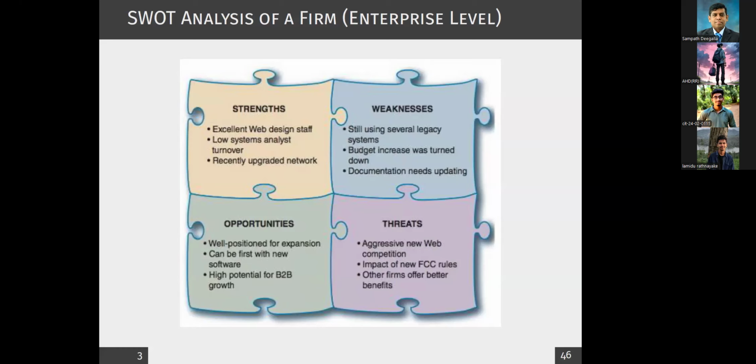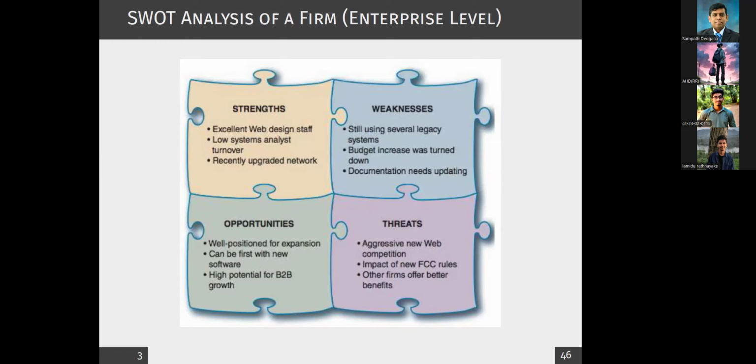So they are thinking about developing a new software system, and that might be the first of its kind. And then they also think that there is a high potential for business to business. So this is about the opportunities they have as a web design firm. Okay, what are the threats?